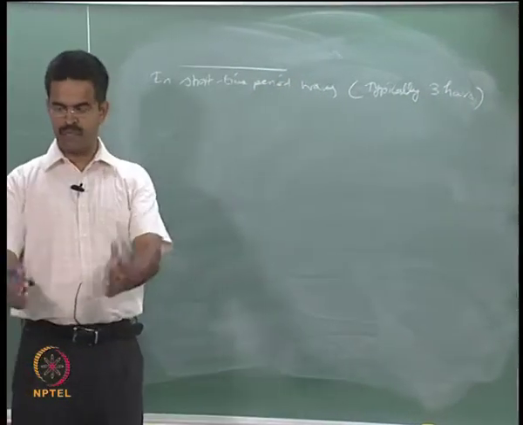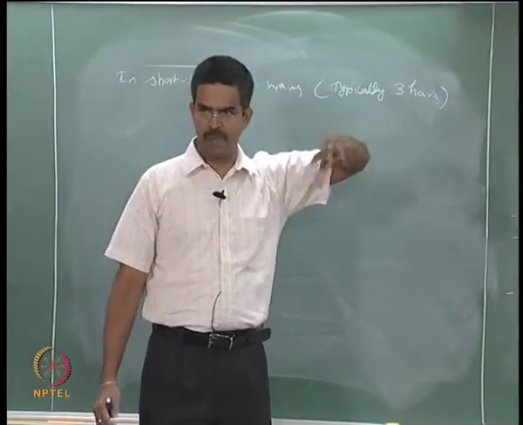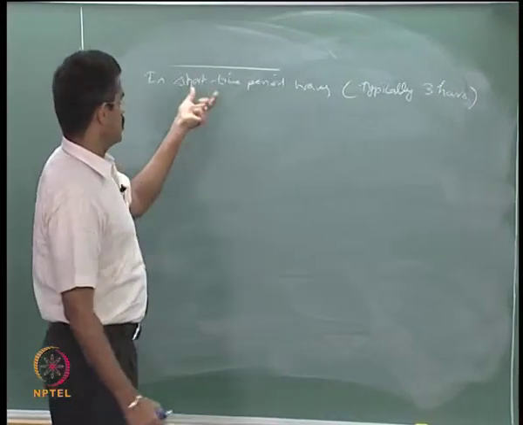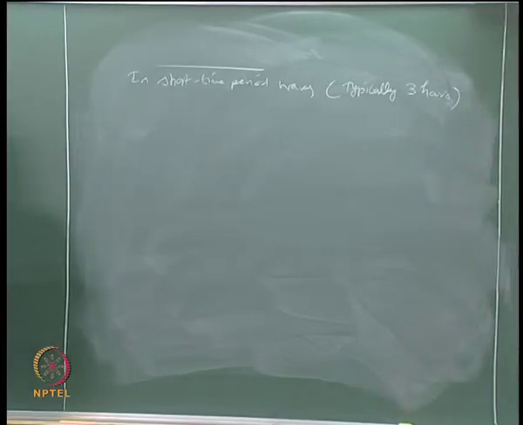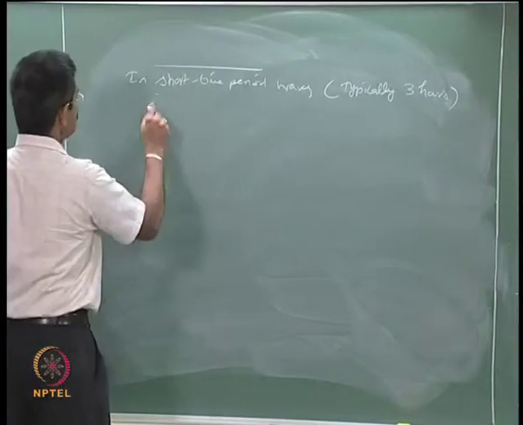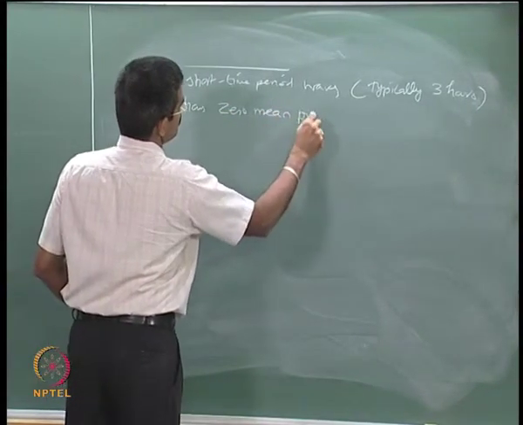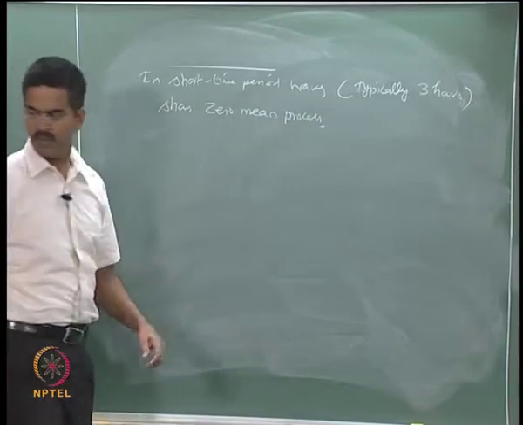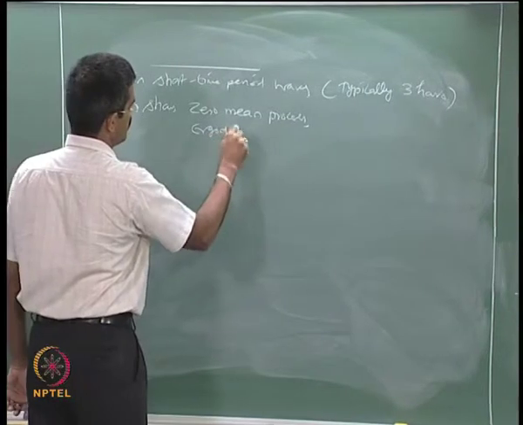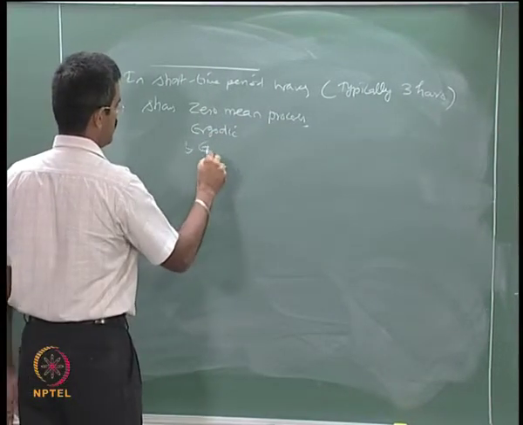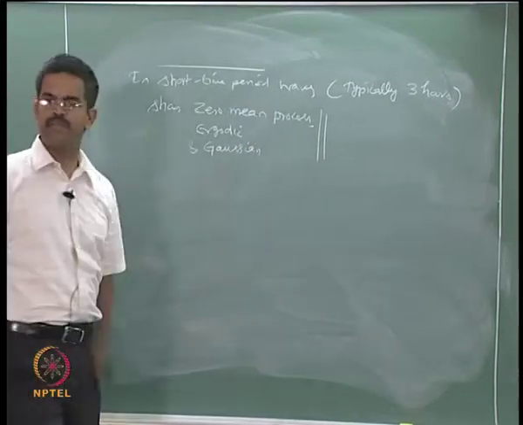So I take a wave record for 3 hours and try to use this process and pick up a sample. I call that a short time period wave. It shows a zero mean process, is ergodic and Gaussian. This has been shown in the literature.